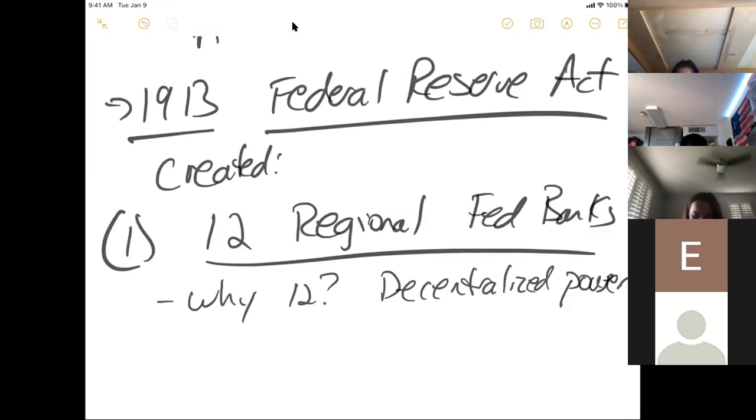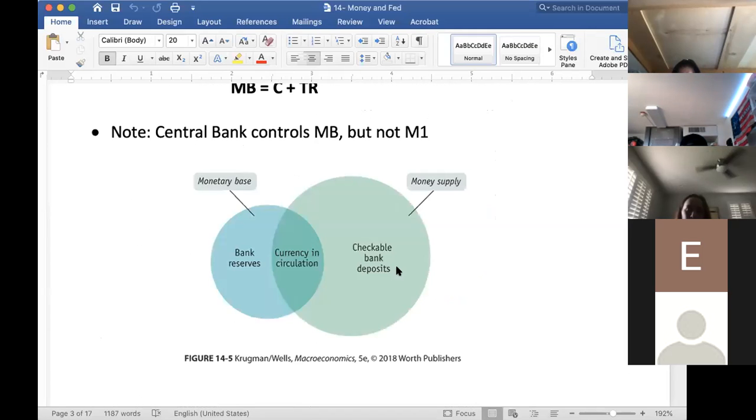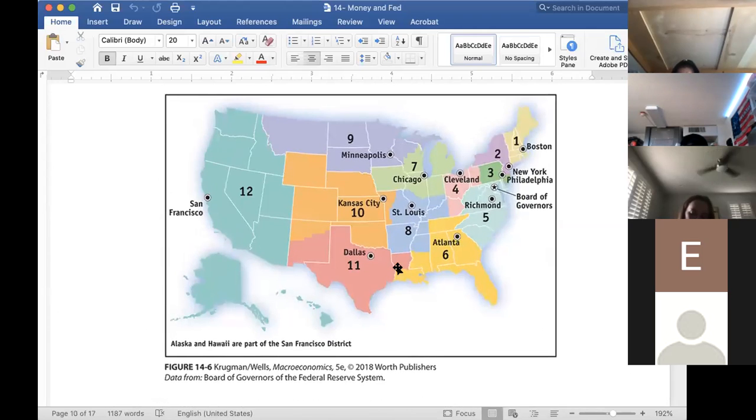And so these central banks still are part of the Federal Reserve System. If you look at these banks, you can see where they are. Okay, so each of these central banks essentially serve a different region of the country.